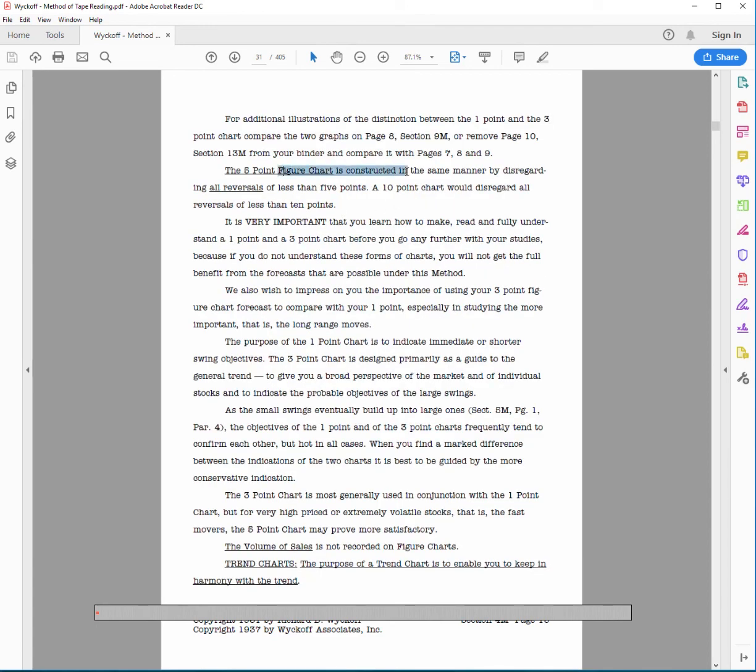The 5-point figure chart or 10-point figure chart, doesn't matter. You have to really feel it, be able to see clear rallies, clear consolidations, clear bases.